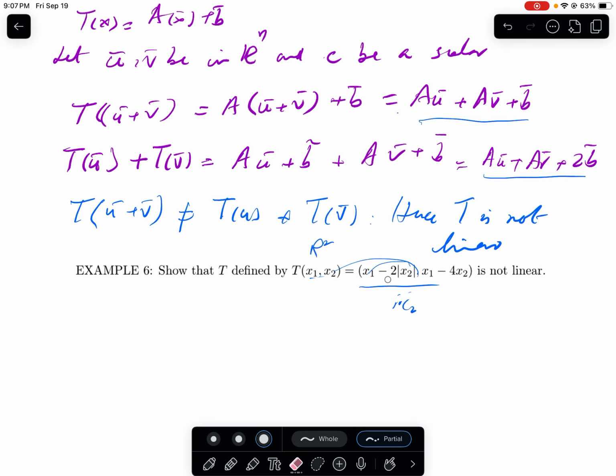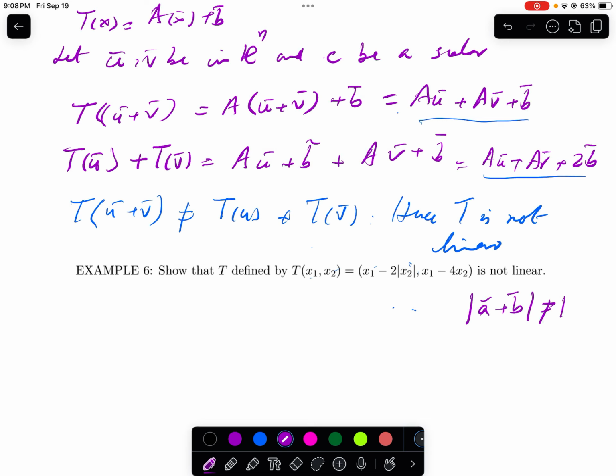The main thing that will work here, or the idea that you have to use, is to remember that the absolute value of a plus b is not equal to the absolute value of a plus the absolute value of b for any numbers. Okay, for any numbers, not vectors, sorry, numbers.